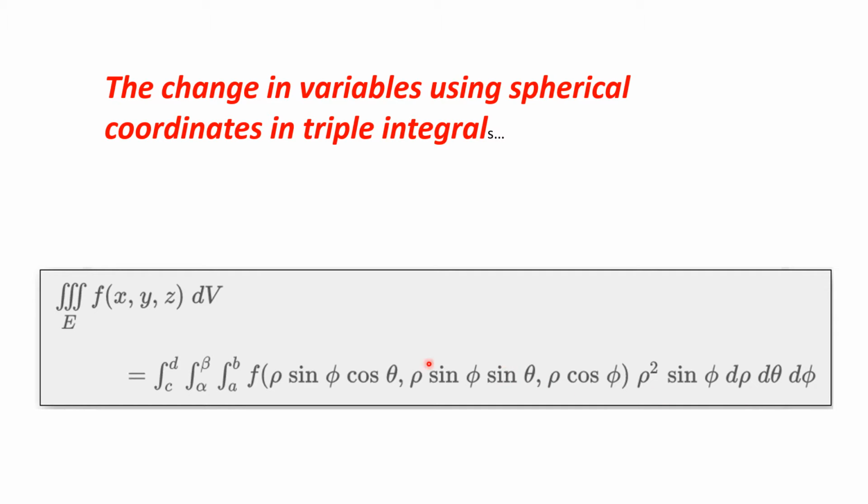And dV became rho squared sine phi d rho d phi d theta. And remember that this factor rho squared sine phi came from geometrical considerations associated with the change of variable.